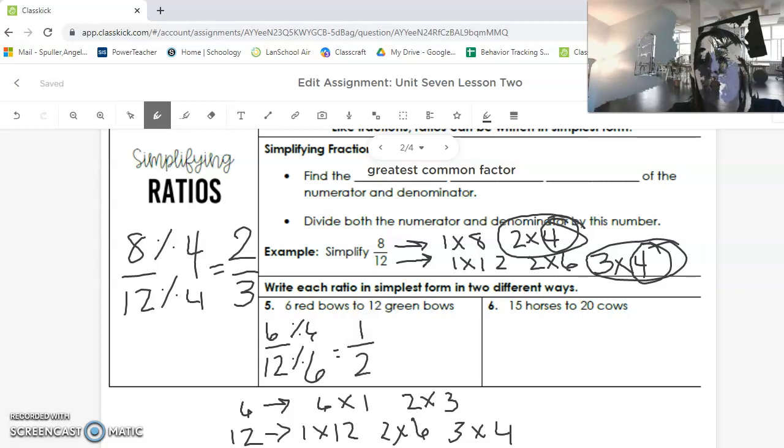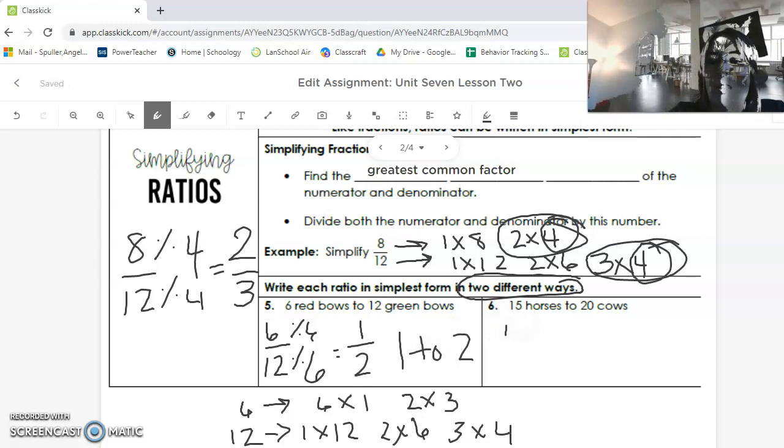Now it says to write it in 2 ways. So I got 1/2 like a fraction, right? And I can say 1 to 2. Okay, we have 15 over 20. Well, let's do the factors for it.